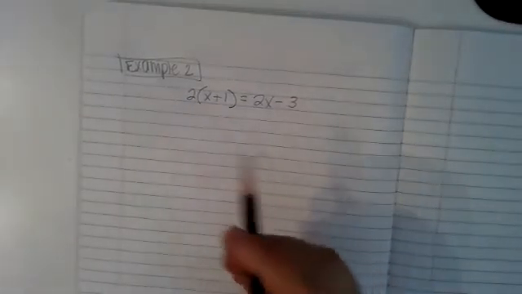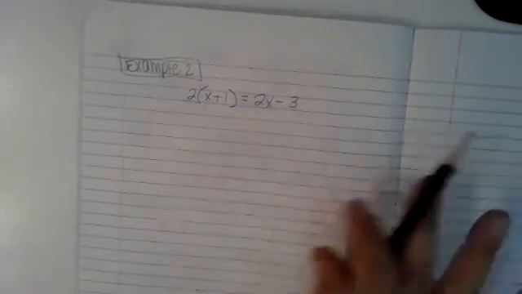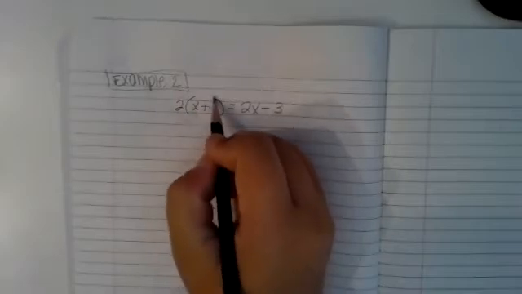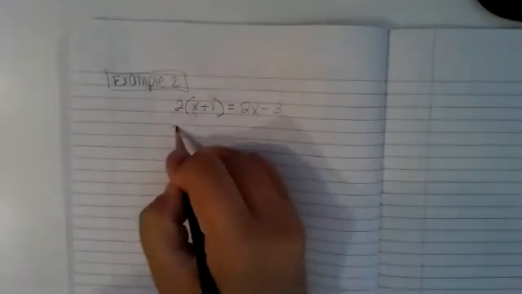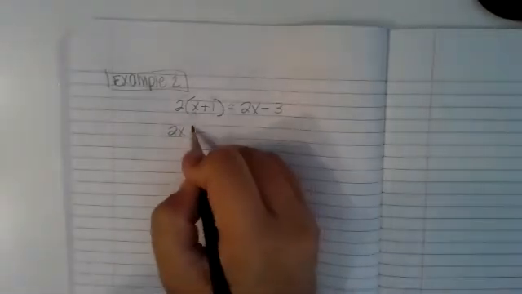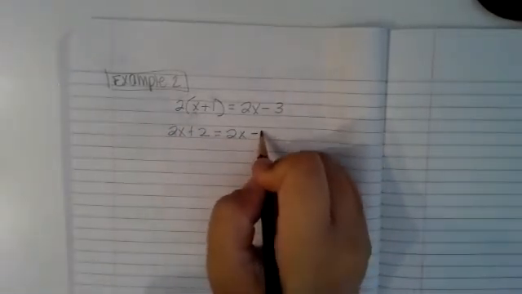So first thing I do is I look into my parenthesis. Can I simplify this? The answer would be no. So the next thing I need to do is distribute. I'm distributing this 2 into my parenthesis. So 2 times x makes 2x. 2 times 1 makes 2 is equal to 2x minus 3.